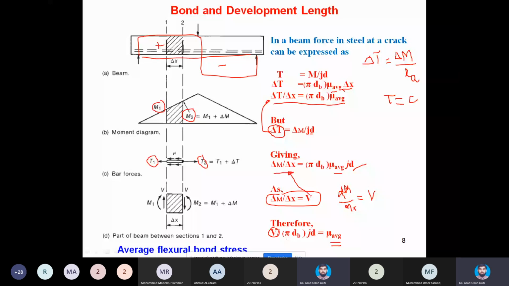So if you have the shear force diagram and you know the applied shear, you can also get mu average. So we have very useful equations with us, which we can use for calculation purposes or for deeper understanding of the bond stress variation along the length of the bar or for calculation of the average bond stress.